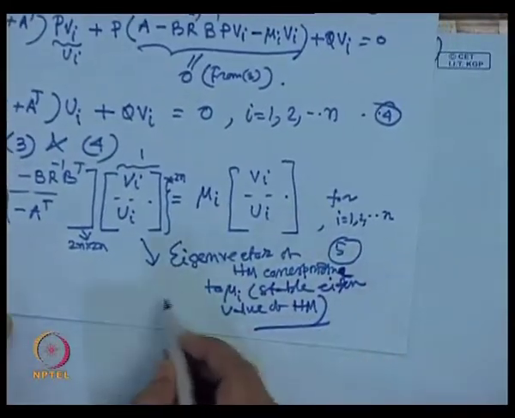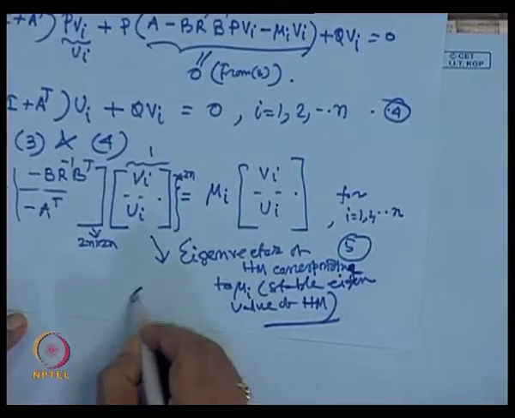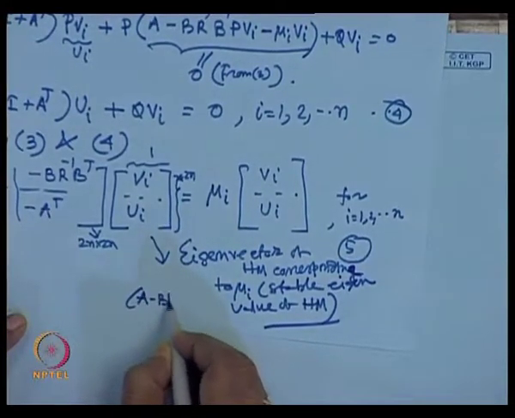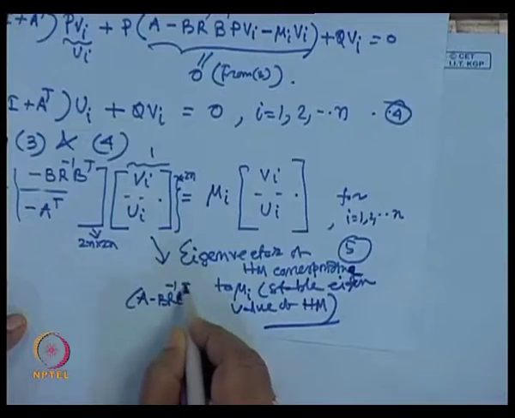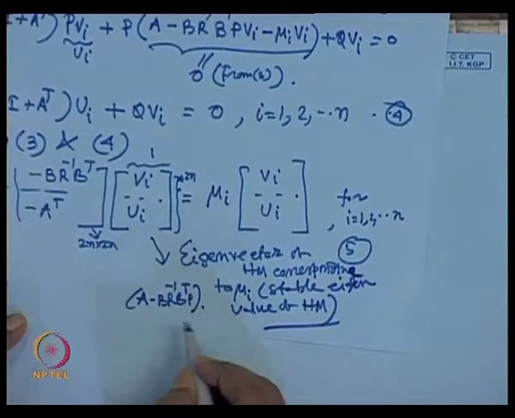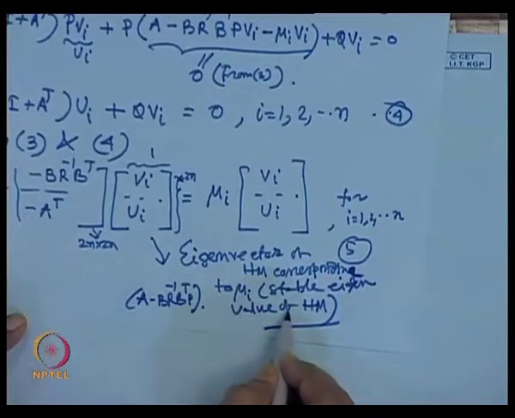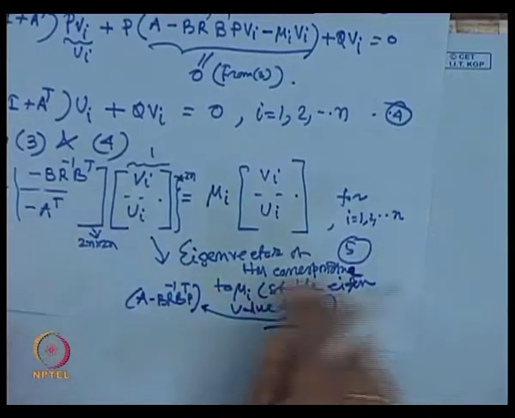Or you can say stable eigenvalues of A minus B R inverse B transpose P. These are the stable eigenvalues of this matrix also.